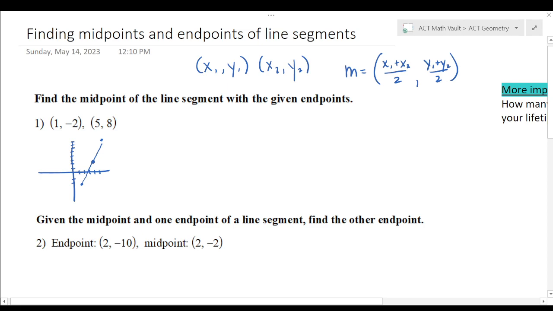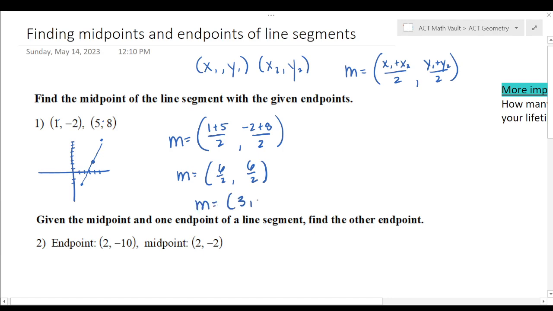So all you're doing is thinking, how am I going to set this up where I go 1 plus 5 over 2 is the first part, and -2 plus 8 over 2 is the second. M equals 6 over 2, and then that is 6 over 2 as well. Final answer is 3, 3.